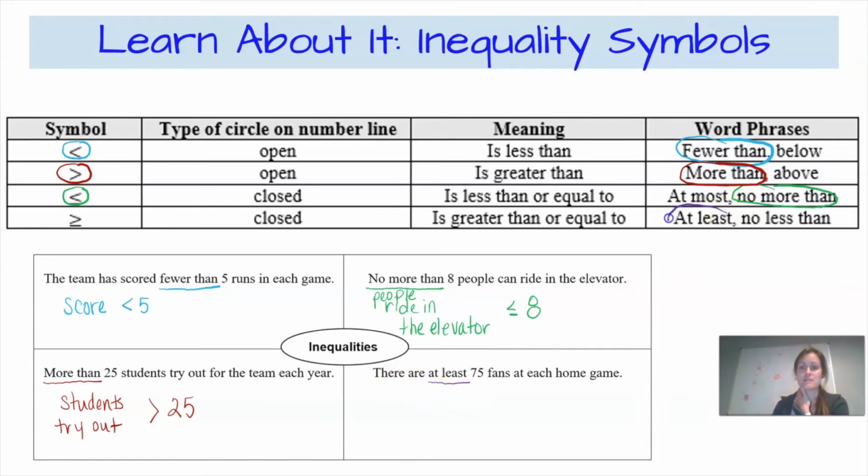At least is another way of saying is greater than or equal to. So I'm going to use the greater than or equal to symbol. So the fans at each home game is greater than or equal to 75.